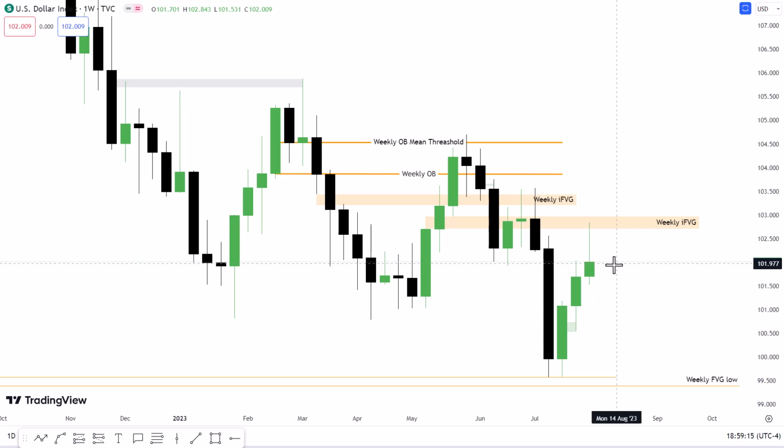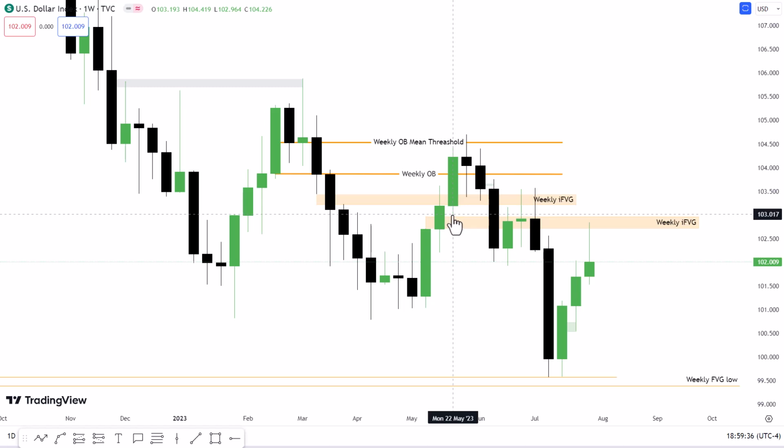What is a fair value gap in the first place? A fair value gap is when we have three candles, candle 1, candle 2, and candle 3, and between these three candles we have a gap. What do I mean by a gap? Look at the high of this candle, and then look at the low of this candle.